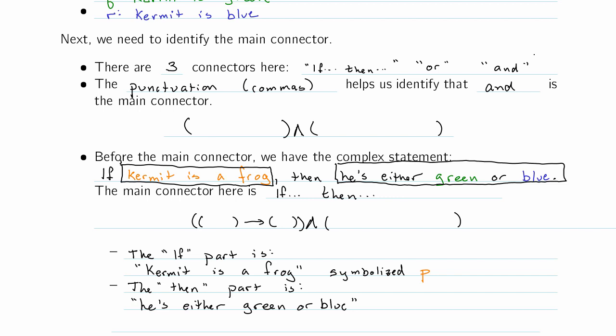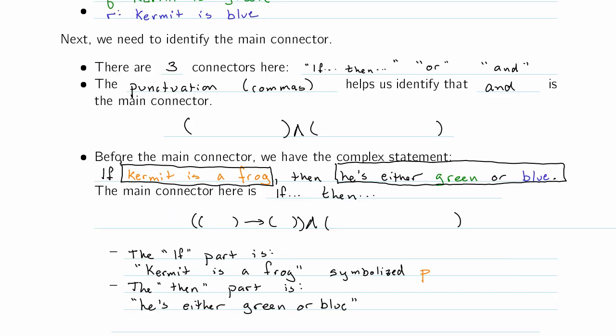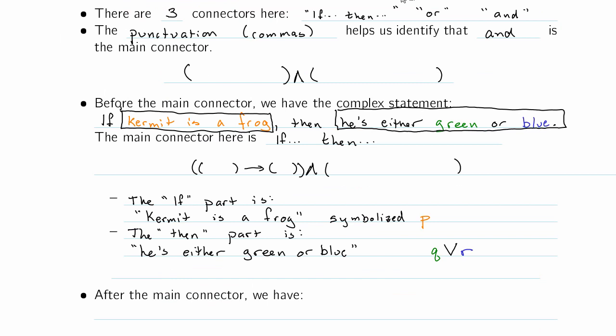Referring back, he's green was Q, he's blue was R. This is just Q, this wedge shape for or, and then R. Okay, now our statement fills in as our first part.